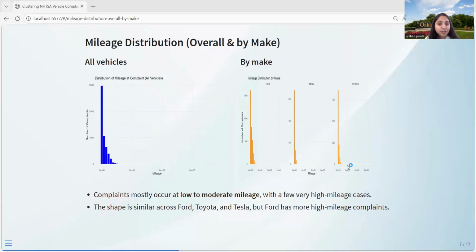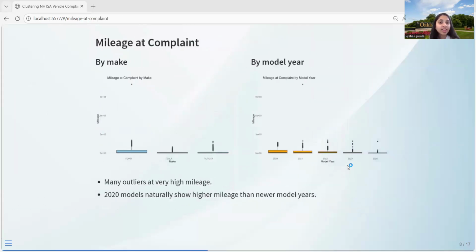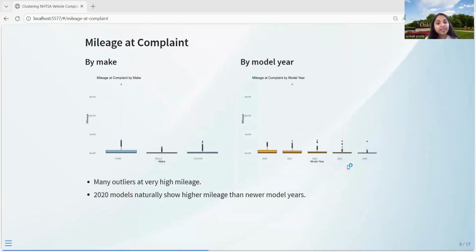Here in this plot, Ford shows a wider mileage spread, suggesting that its complaints come from a more diverse set of usage conditions. To understand mileage patterns more deeply, I compared mileage across both manufacturers and also model years.